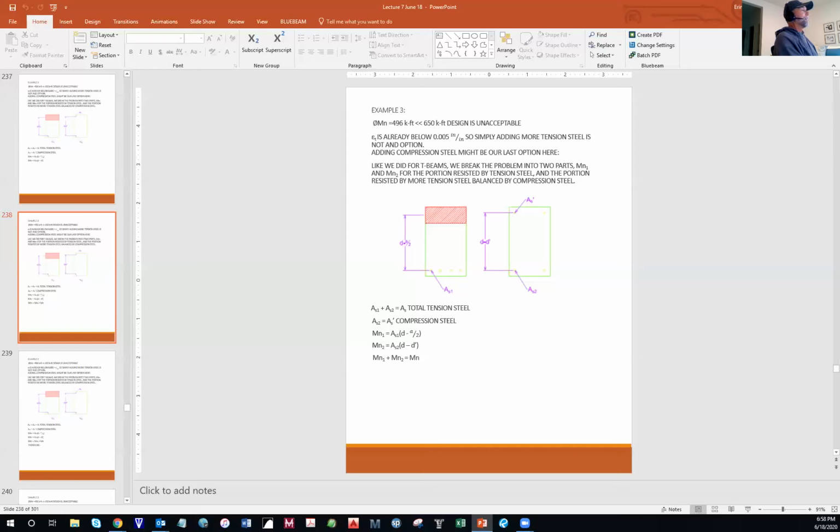What you're doing is you're taking the largest positive moment anywhere on that span from the 3 different load cases that you're evaluating. And wherever on that span you have the largest positive moment, you're designing the beam with steel at the bottom for that moment. Then you're looking at all 3 moment diagrams that you've created, and whichever one of them has the largest negative moment, wherever that negative moment may be, you're then designing the beam with steel on the top of the beam for that largest negative moment.